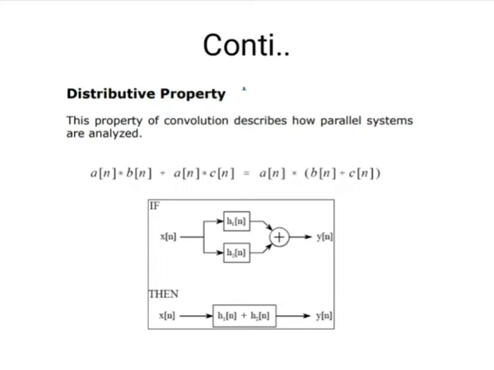The next property is causality. A causal system depends only on the present and the past values of the input to the system. Next is stability. In a stable system, a bounded input results in a bounded output.